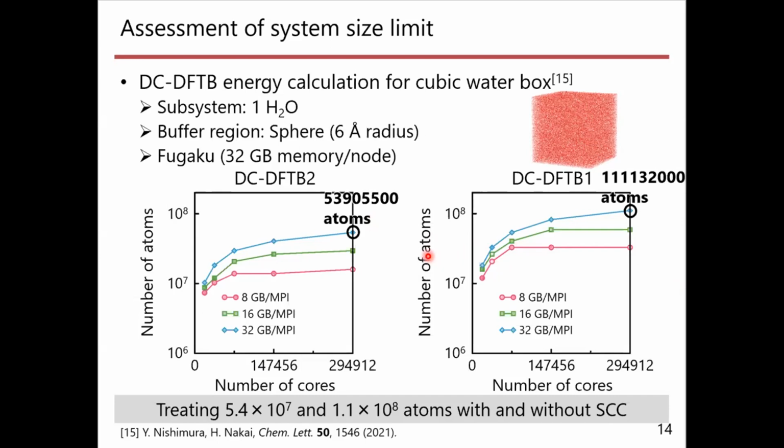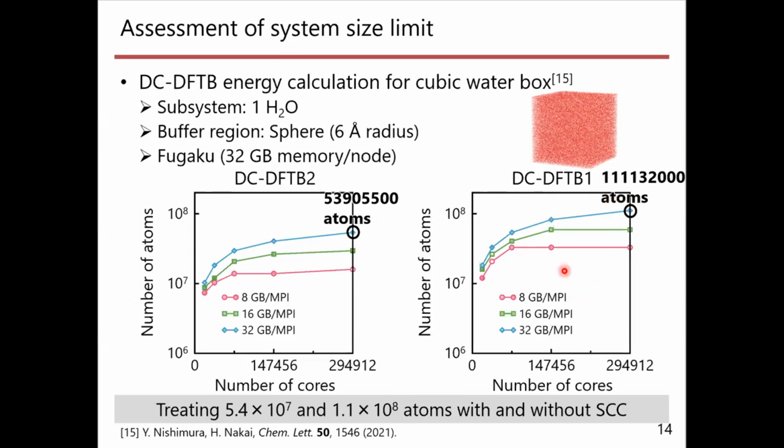The finally achieved system size for the energy calculation was 54 million atoms, which took approximately a few hours using roughly 6,000 nodes of the supercomputer Fugaku, corresponding to only 4% of the full resource of Fugaku.